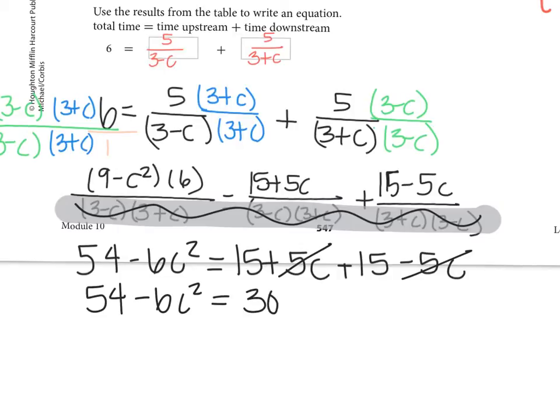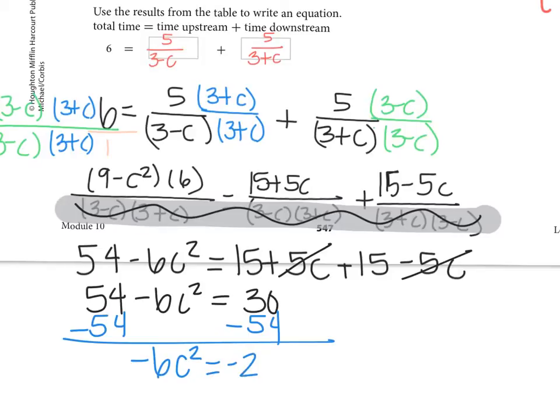So I need to solve this. Well, solving, remember, there's 3 ways to solve. I can solve by factoring, I can solve by quadratic formula, or if I just have something like x squared equals something, I can solve that as well. So what I'm going to do is subtract 54 from both sides, and that is going to give me negative 6c squared equals negative 24.